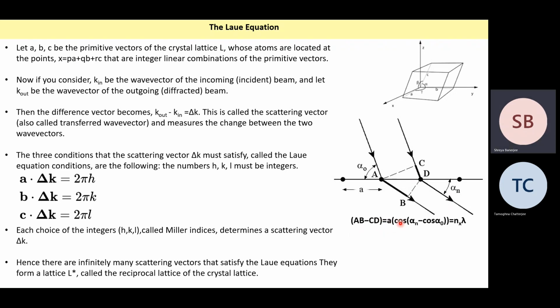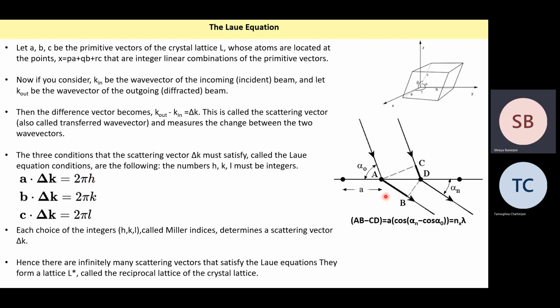And from trigonometry, you can see that AB minus CD will eventually turn out to be a function of this basis vector a. So if you extend that to 3 dimensions, you will see that this difference vector can be multiplied with a, b, and c to get these constant values, which is a product of 2 pi and the Miller indices h, k, and l.